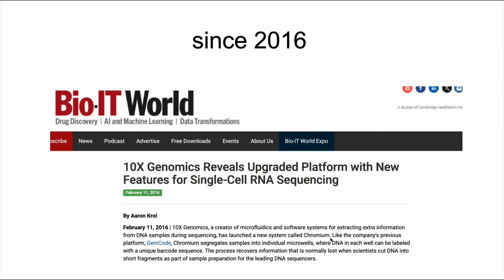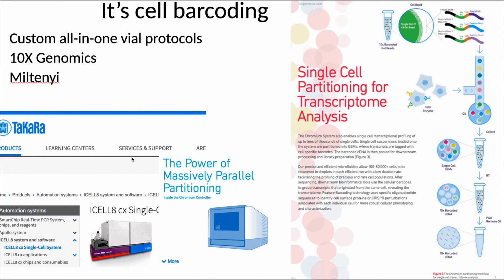Then the whole business really started taking shape and volume. Now we have more names on the market like Takara and others, and the idea of partitioning cells by mixing oil and water in a microfluidics environment probably won the attention of the researchers and engineers.